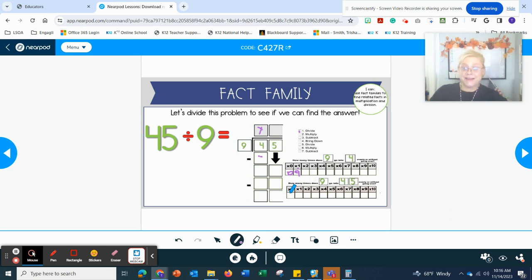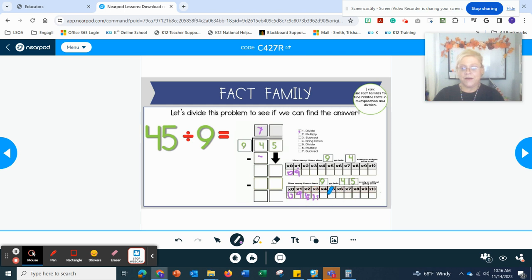9 times 0 is 0. 9 times 1 is 9. 9 times 2 is 18. 9 times 3, 27.